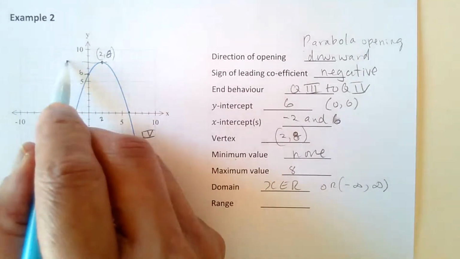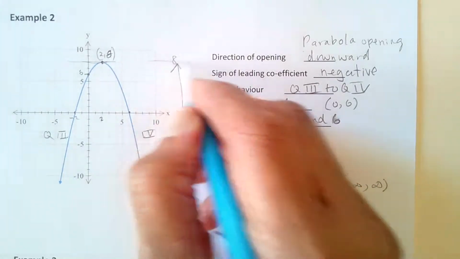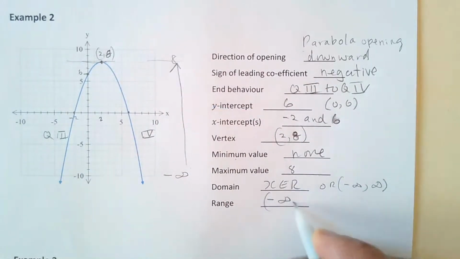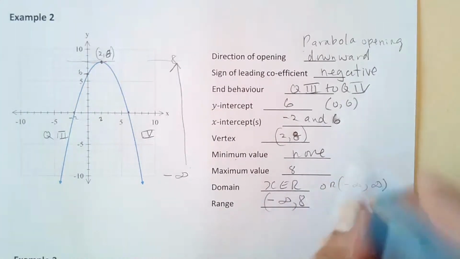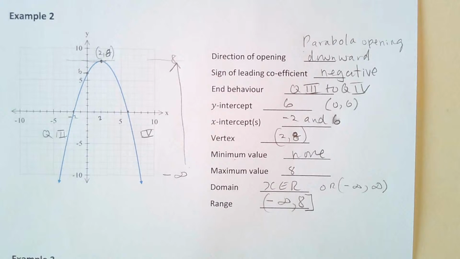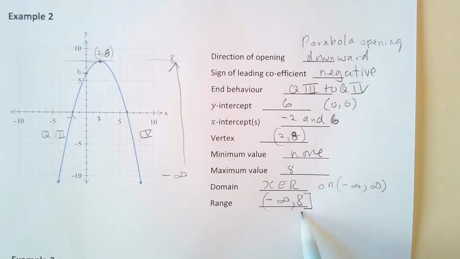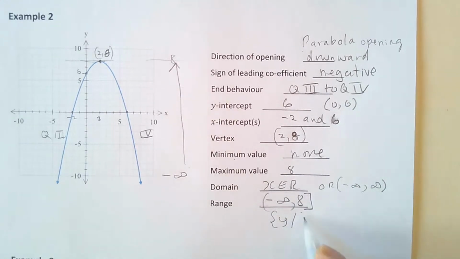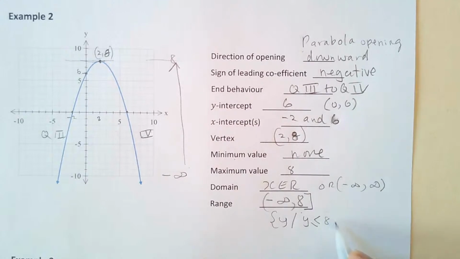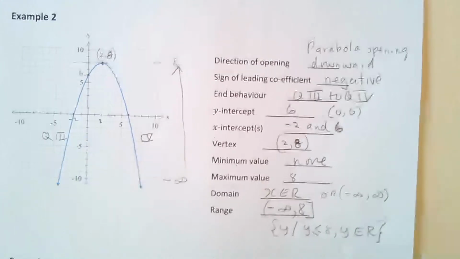And the range now is from negative infinity going all the way up to 8, including 8. Another way you'll see in some of the books, we write it as y such that y is less than or equal to 8, where y is an element of real numbers. This is called interval notation, but you don't have to worry about this yet.